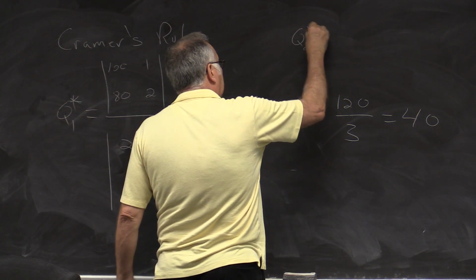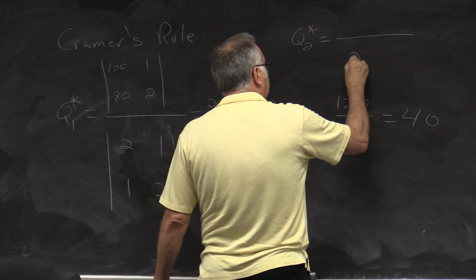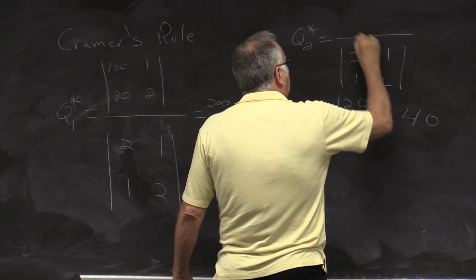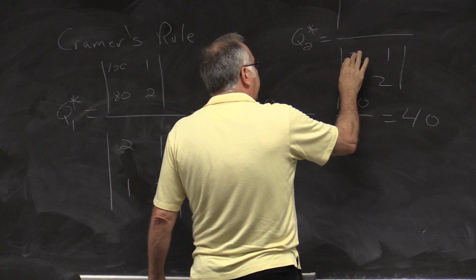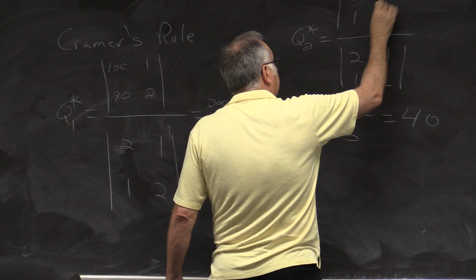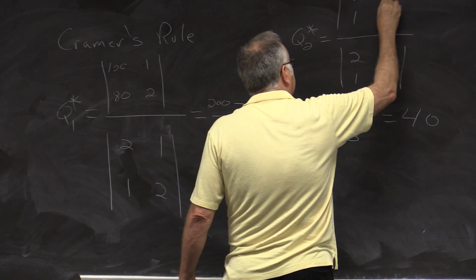Using Cramer's rule to get q2 star, you would just do this. q2 star is, it's the same coefficient matrix down here, 2, 1, 1, 2. And this first column will be the same as this one, because we're now doing q2. So you substitute in the right-hand side constants in the second column. This would be 100, 80.